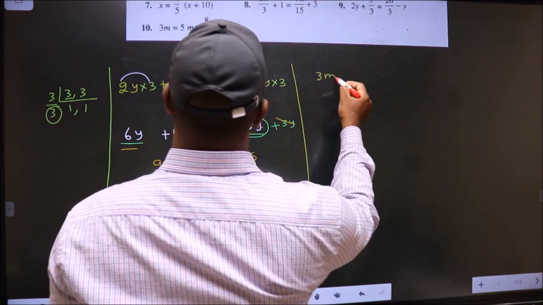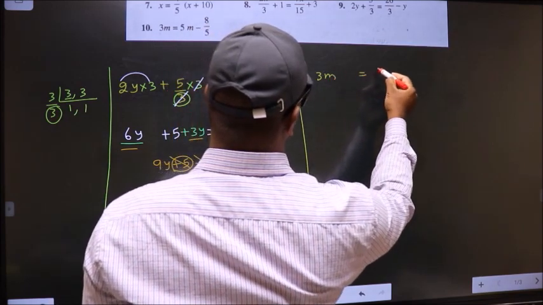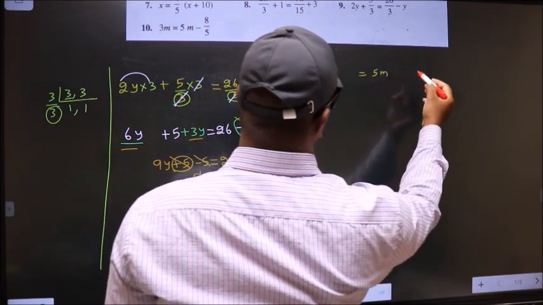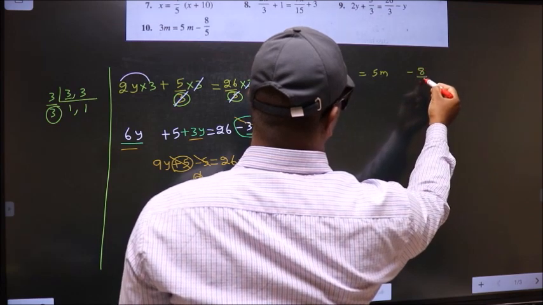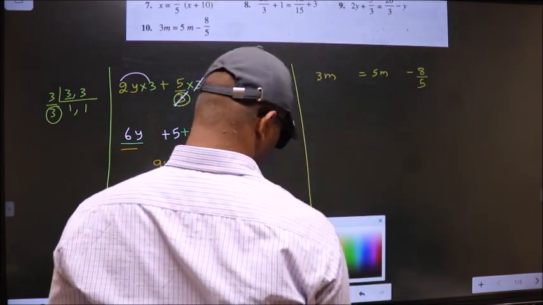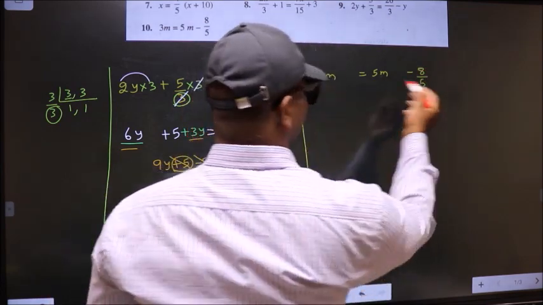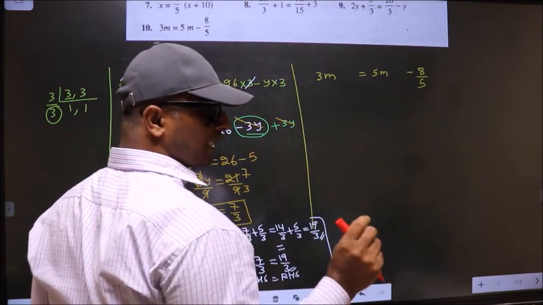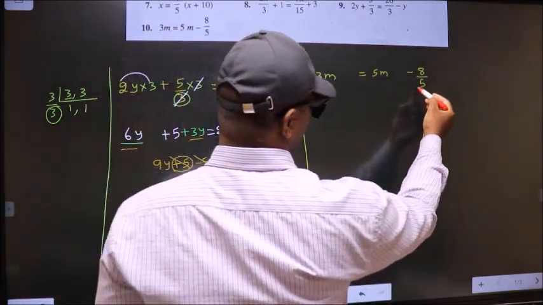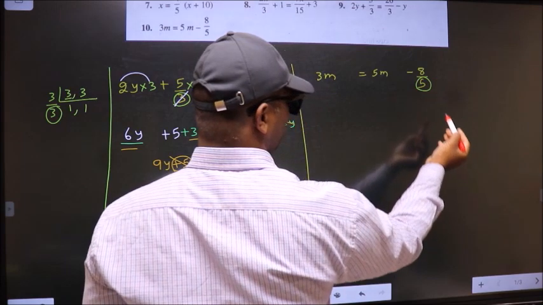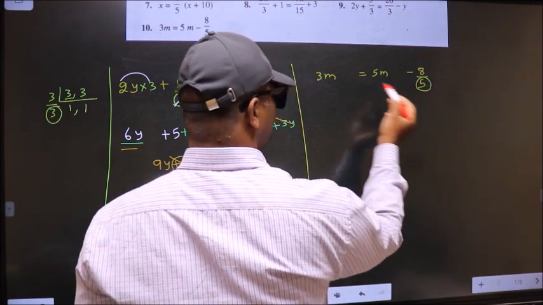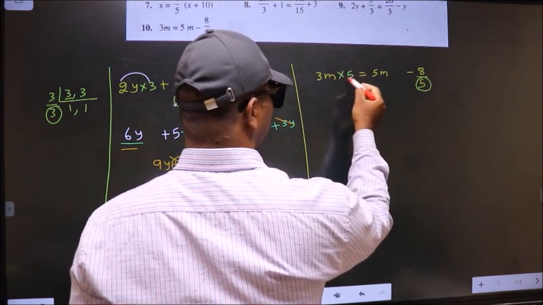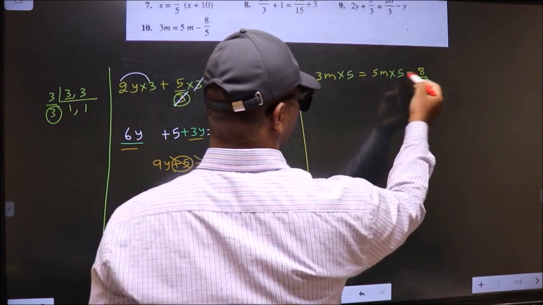3m equal to 5m minus 8 by 5. Now, in this equation, first we should remove the denominator. Here the denominator is 5. To remove this denominator, you multiply by 5 to each term.